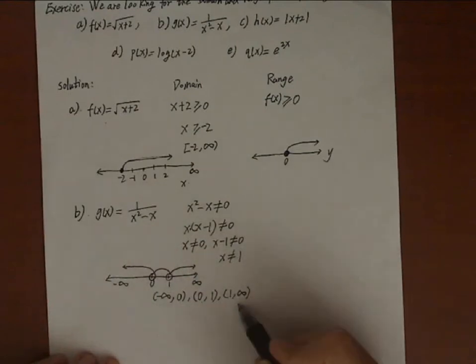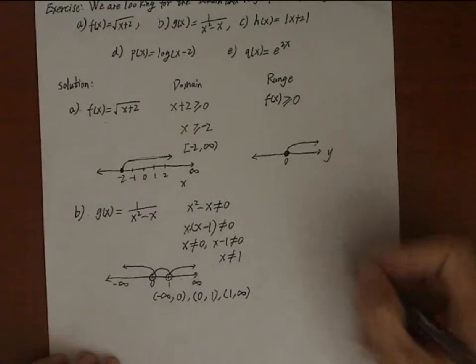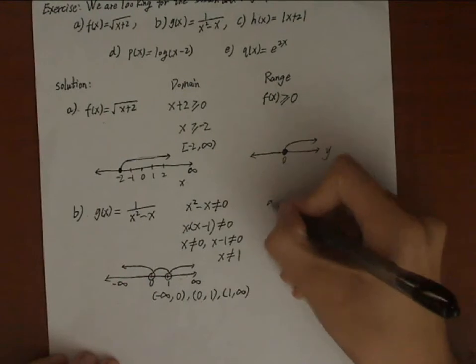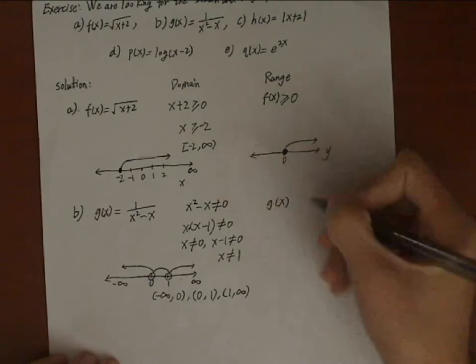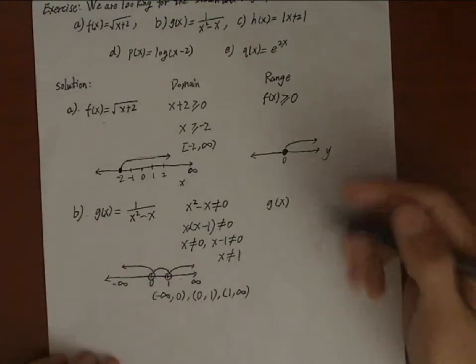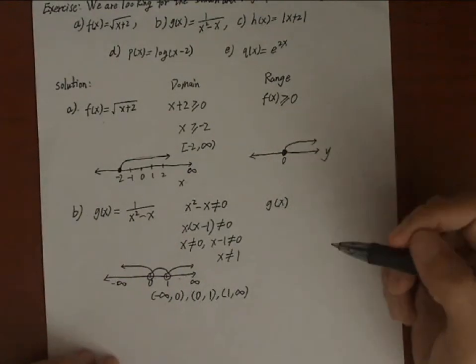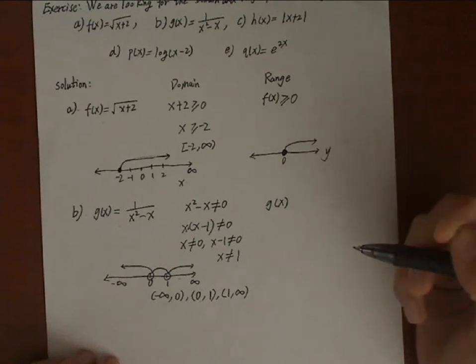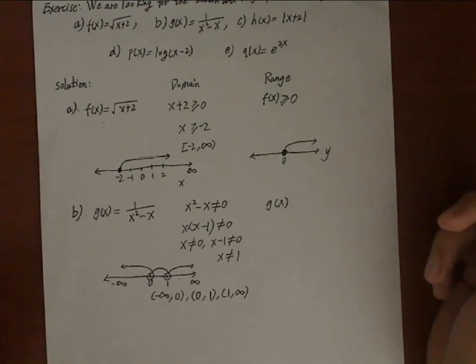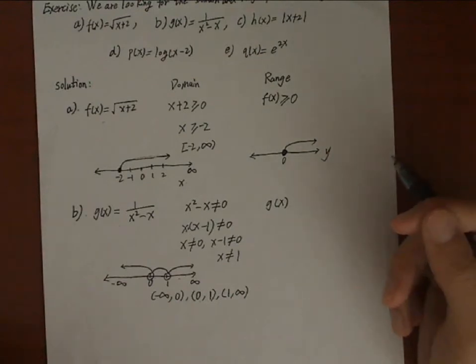You see that? Okay, this is how you read it. So for the answer, g of x is the result of a fraction. If you think about it, the result of a fraction can be anything. It can be positive, it can be negative, it can be really big, like 800 over 1.